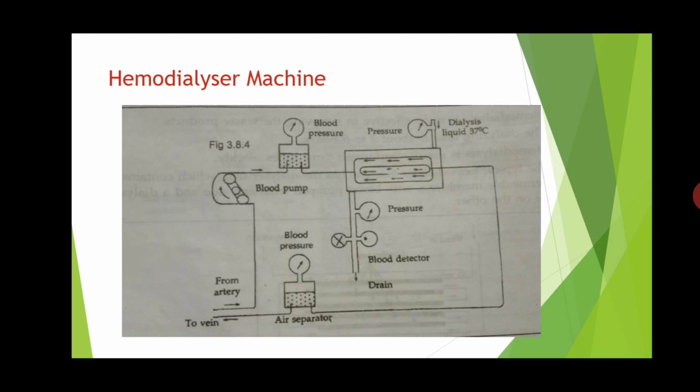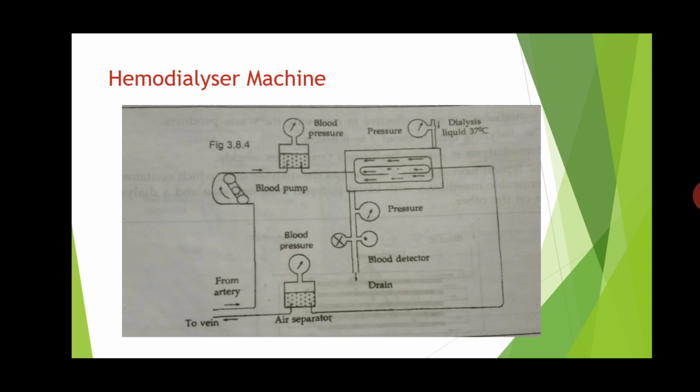It is a process by which the waste products in the blood are removed and a restoration of normal pH value of the blood is obtained by an artificial kidney machine. And that artificial kidney machine is nothing but the hemodialyzer machine.